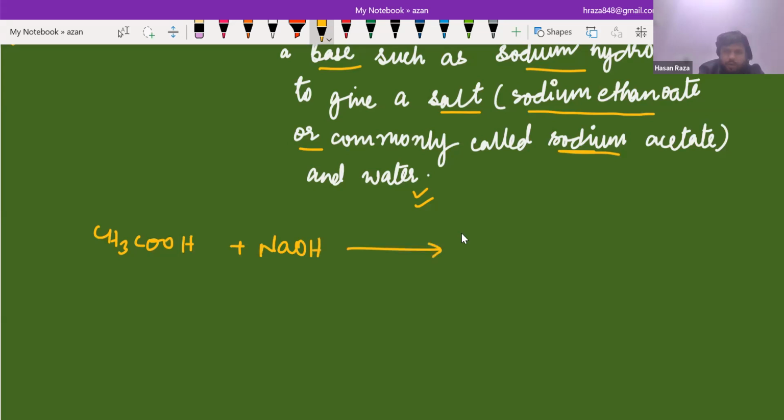So what will happen? In this hydrogen's place will come sodium. So it will be sodium ethanoate, and H2O will also be formed. Because you know that acid reacts with base to form salt plus water, right? Salt plus water.